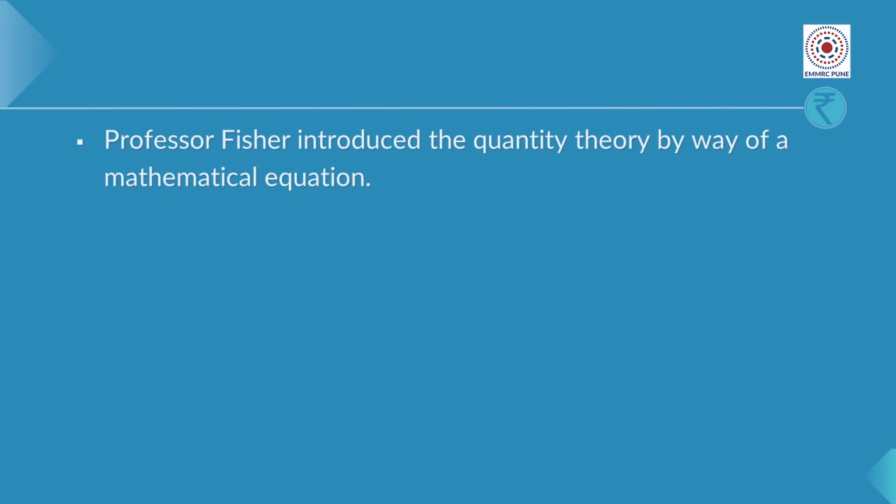He stated this equation as MV = PT, or P = MV/T. He extended this equation in later stages as P = (MV + M'V')/T.